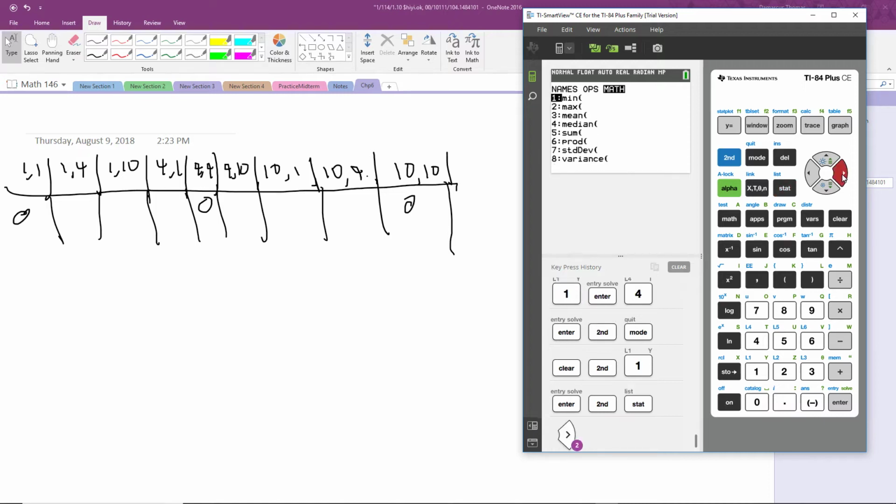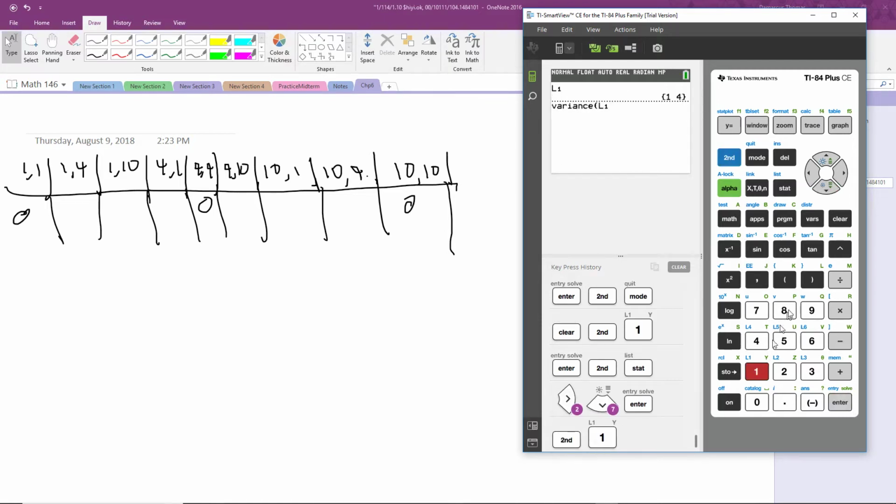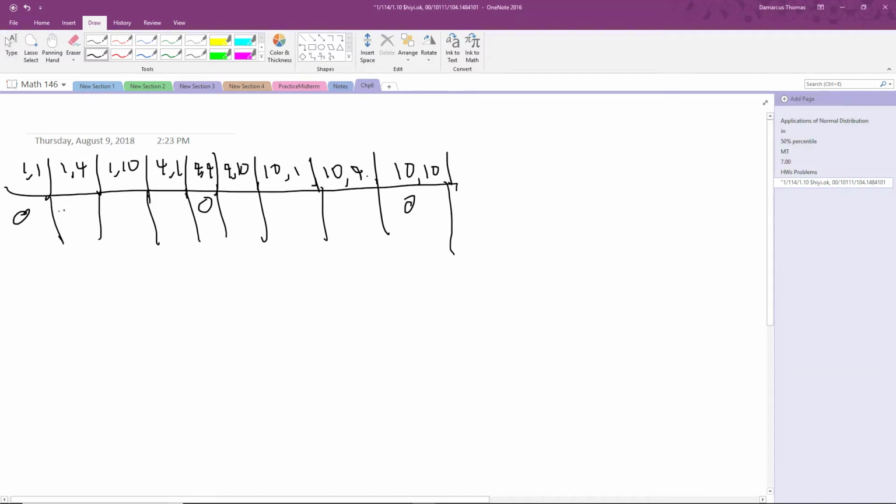Go over to math, and number 8 is the variance. So I'm going to take the variance of L1. I got 4.5. So I can say that the variance for 1, 4 is 4.5, and it's also the same for 4, 1.